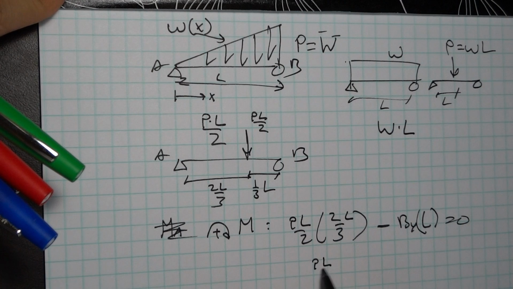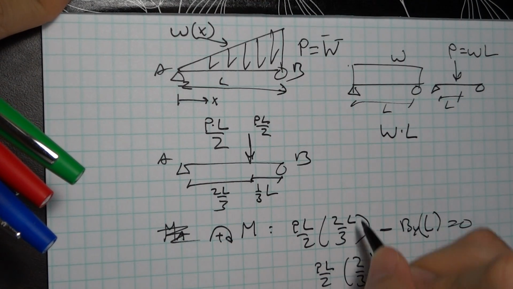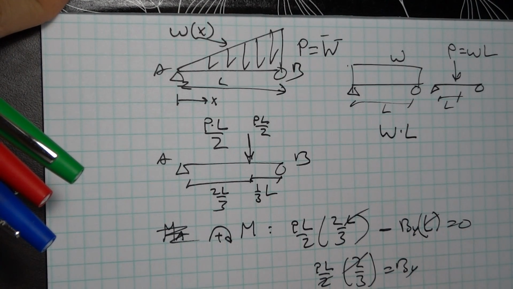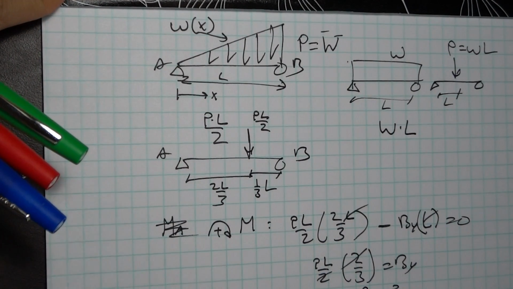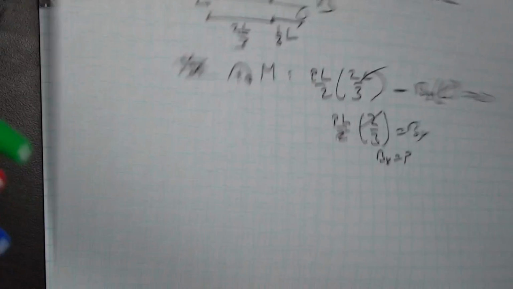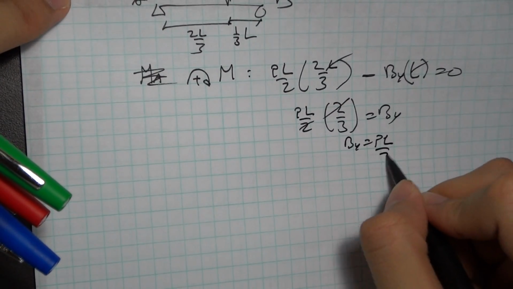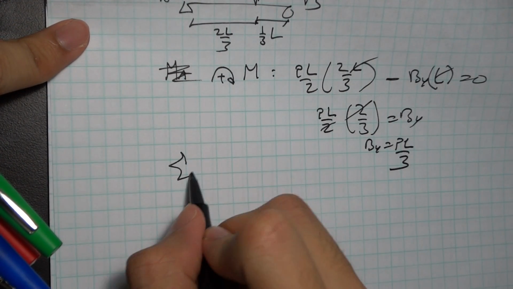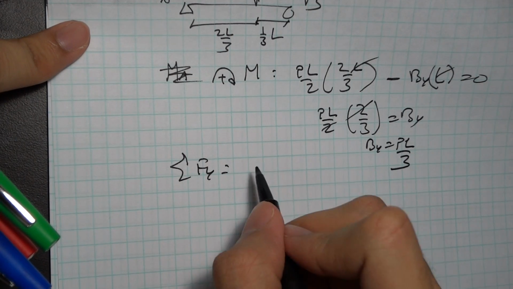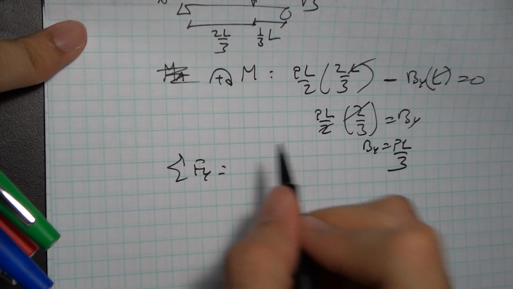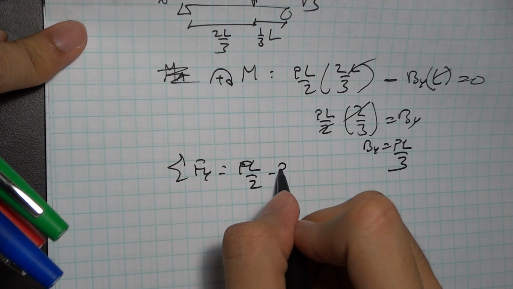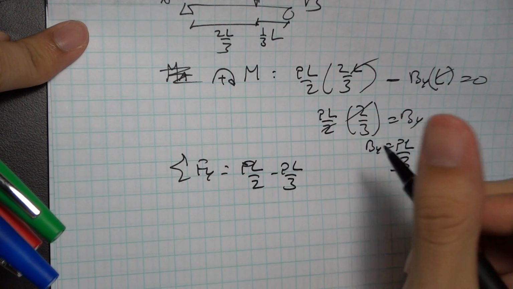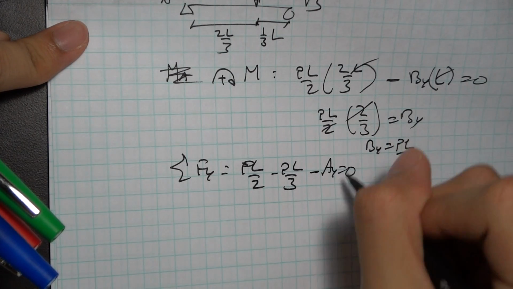So By equals PL over 3. When you do the summation of forces, it's not PL minus PL over 3, it's PL over 2 minus PL over 3 minus Ay equals 0.